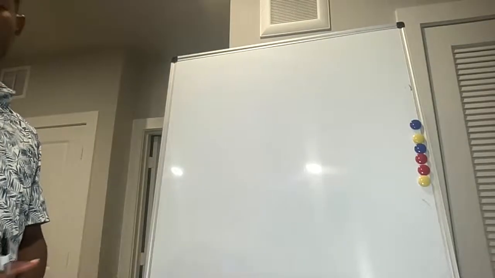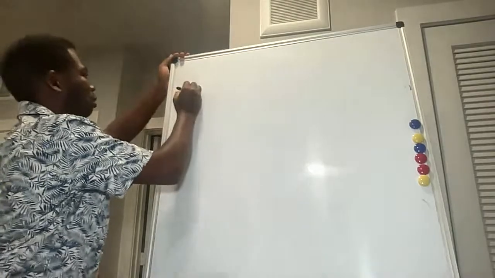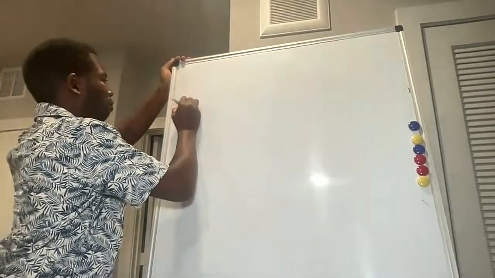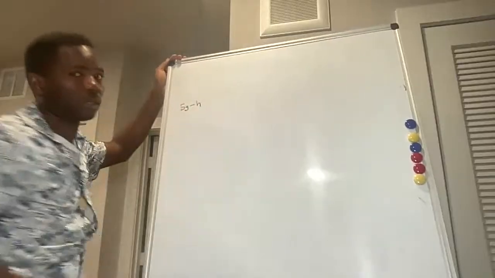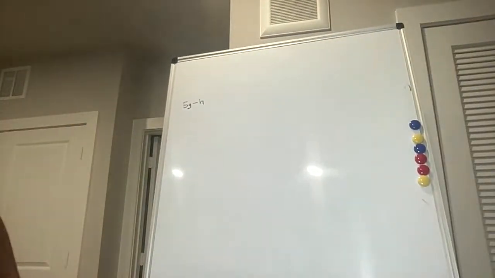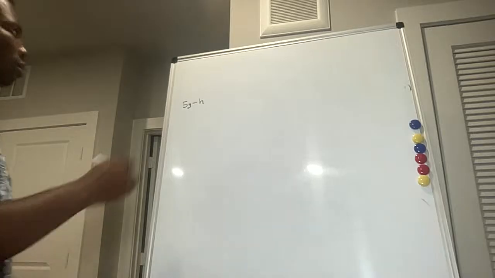Let's look at 5g minus h is equal to 3j minus 6g.